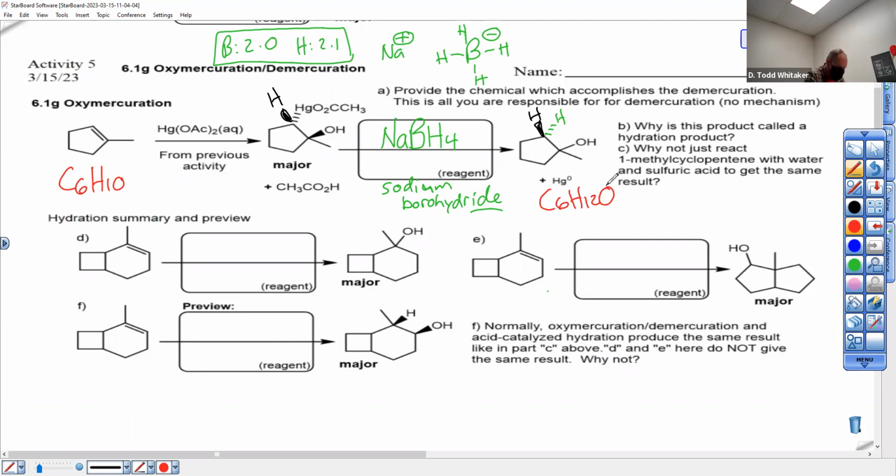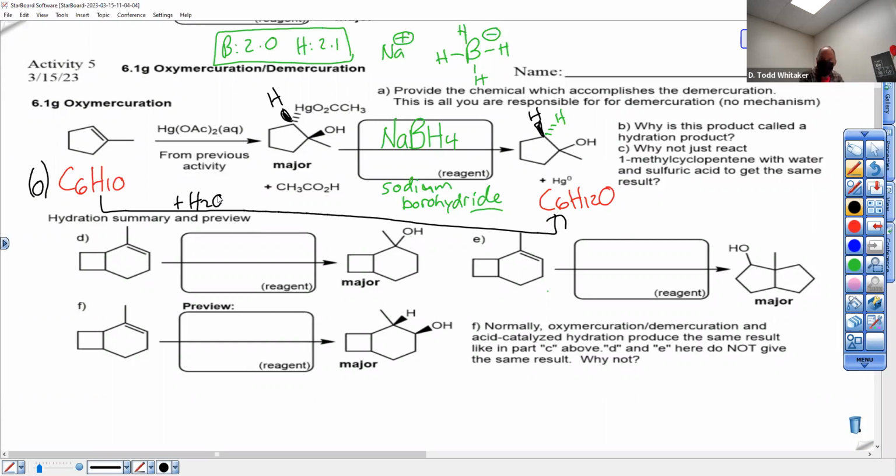What's the difference between C6H10 and C6H12O? H2O. Okay, so I guess the answer to B is summarized. I like using non-word answers every once in a while. You added water, right? Isn't that the definition of hydration? Add water to the formula. End of story.